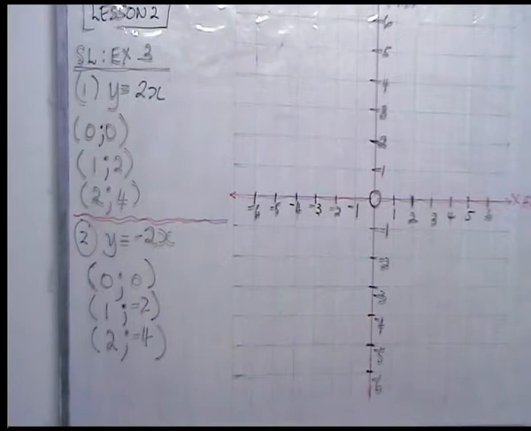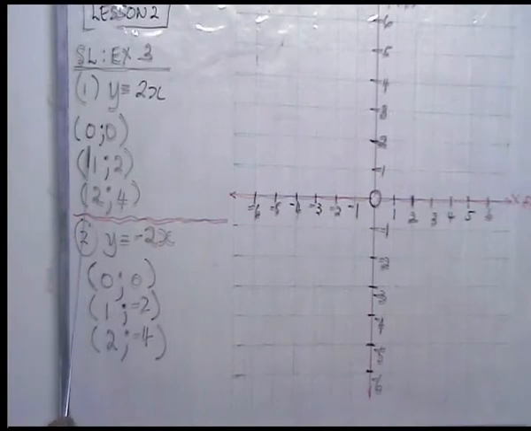In number 2 the equation is y is equal to minus 2x, and the ordered pairs are (0, 0), (1, -2), and (2, -4). You can draw both the graphs on one page, and then I'll supply the answer so you can see if you got the graphs correct.